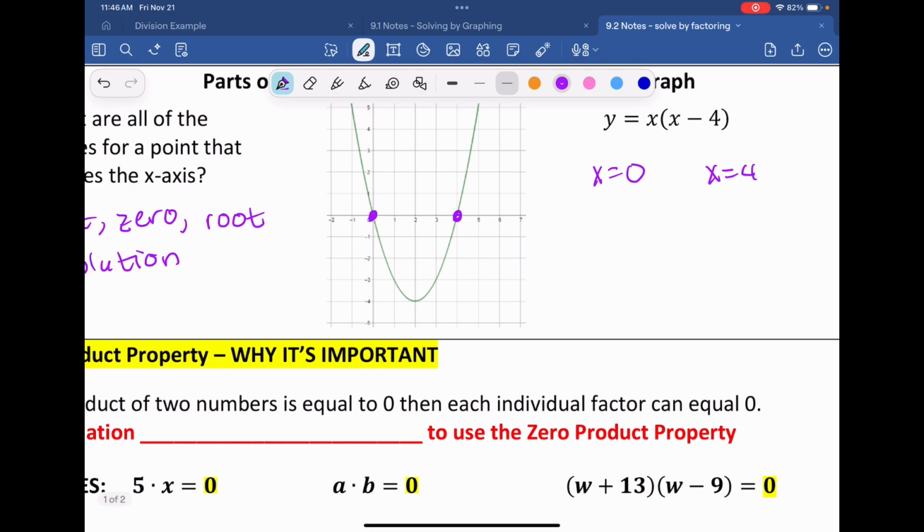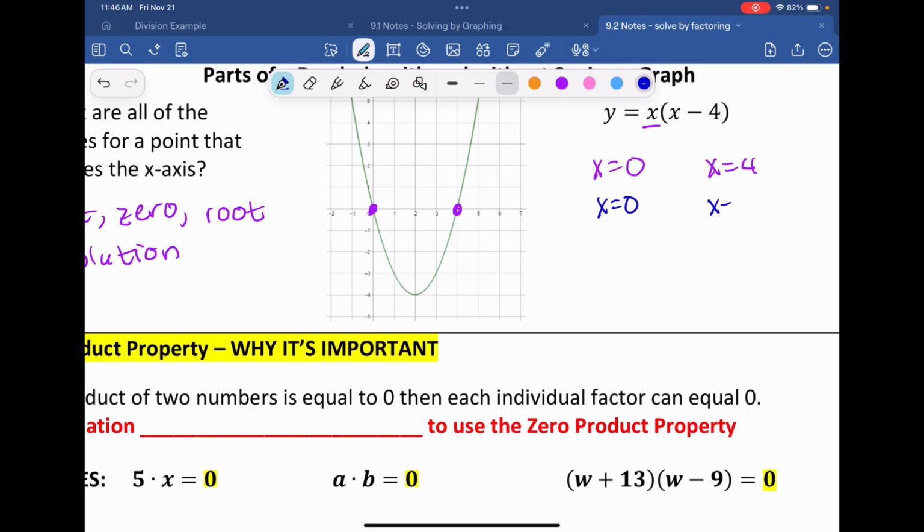All right, now what happens if you take this equation and you set it equal to 0? You get 0. What happens if you take this equation and set it equal to 0? You get 4. So if either one of these is a 0, okay, let's say I make x 0.